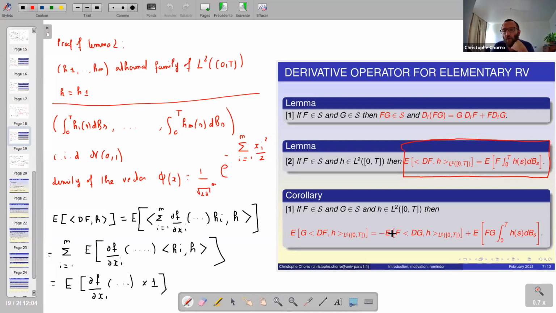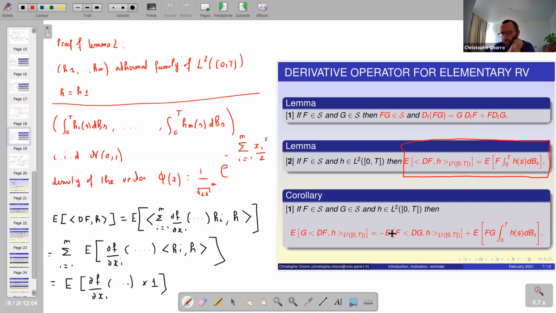I have proved that for elementary random variables, this derivative operator fulfills the classical product rule, that is (uv)' is equal to u'v plus uv', the lemma 1. And then the lemma 2, that is a kind of duality or integration by parts between the derivative operator of an elementary random variable and the Wiener integral. Okay, so we have this.